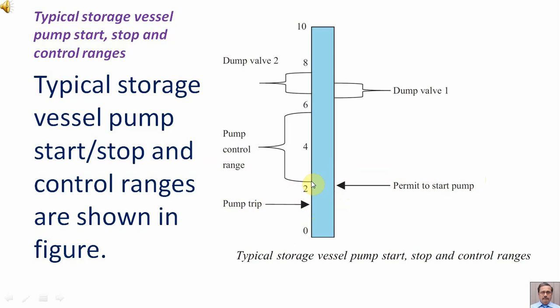Beyond 2 meters and just below 6 meter we have the pump control range, which decides how much circulation flow will be there, as governed by the P plus I controller. And above 6 meter the dump valve 1 shall open, and a little further rise of the level shall lead to the dump valve 2 opening.